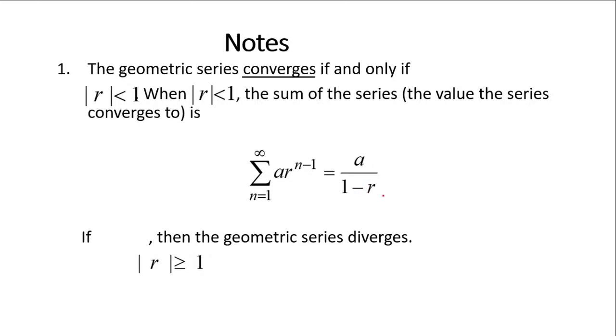But if r is greater than or equal to 1, the series diverges. Take note of this, and also take note of this. That's the main thing we should take note of.